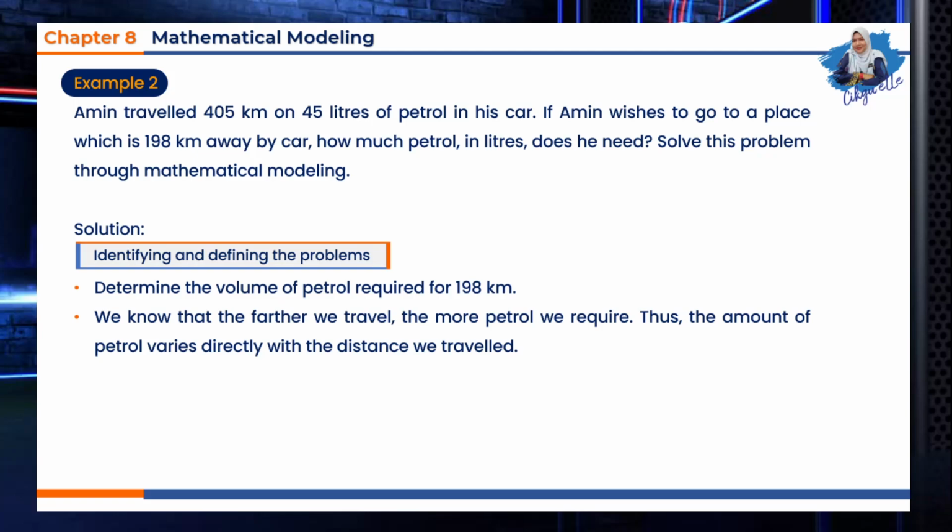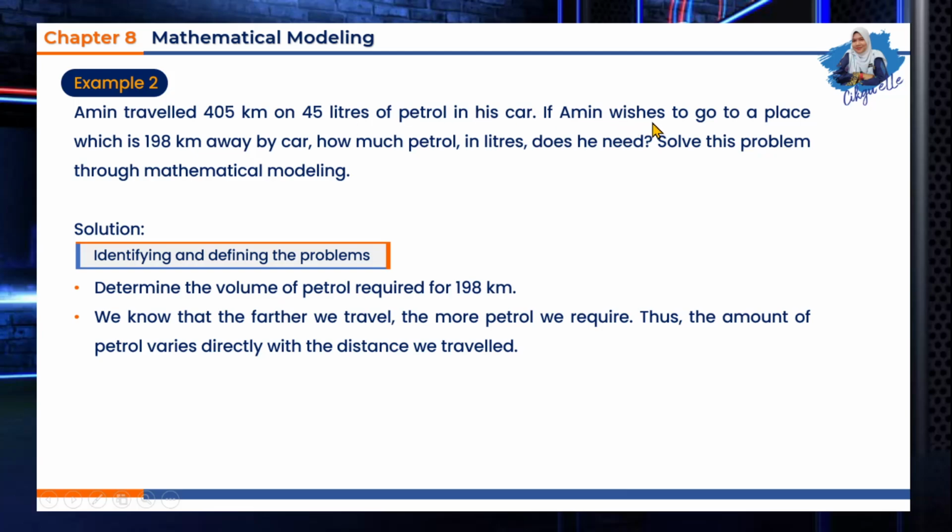All right, so first you have the step of identify and define the problem. You look at what information you have here: the distance of travel of 405 kilometers, and the petrol consumption is 45 liters.